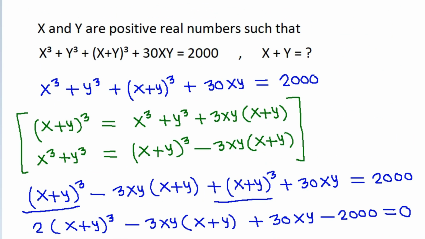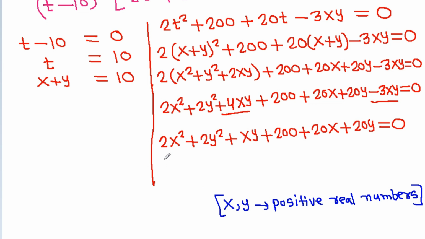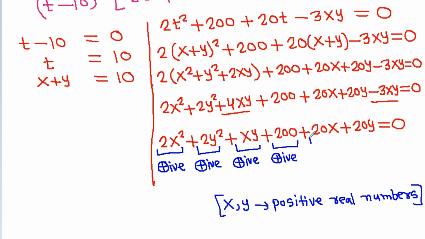And x and y are positive real numbers. So 2x square will be positive, 2y square will be positive, xy will be positive, 200 is positive, 20x will be positive, and 20y will be positive.